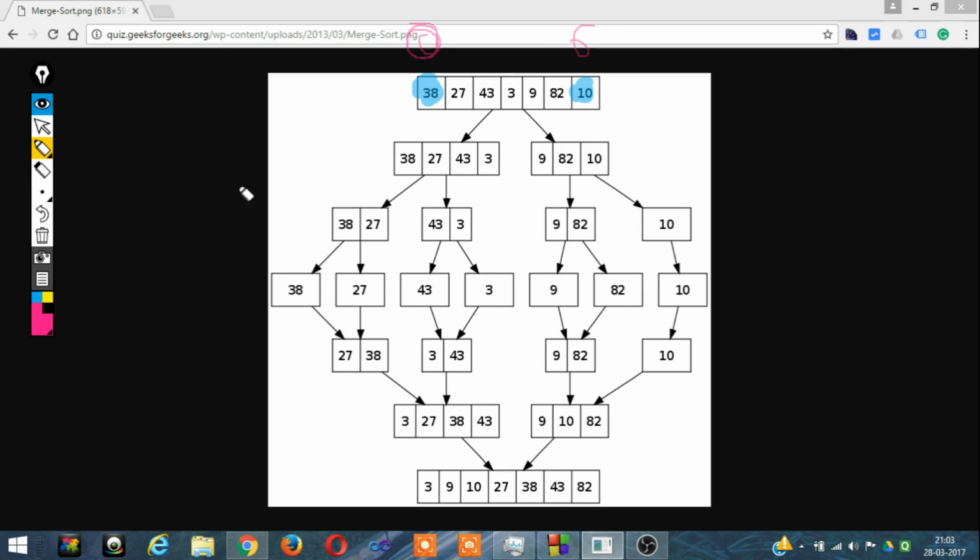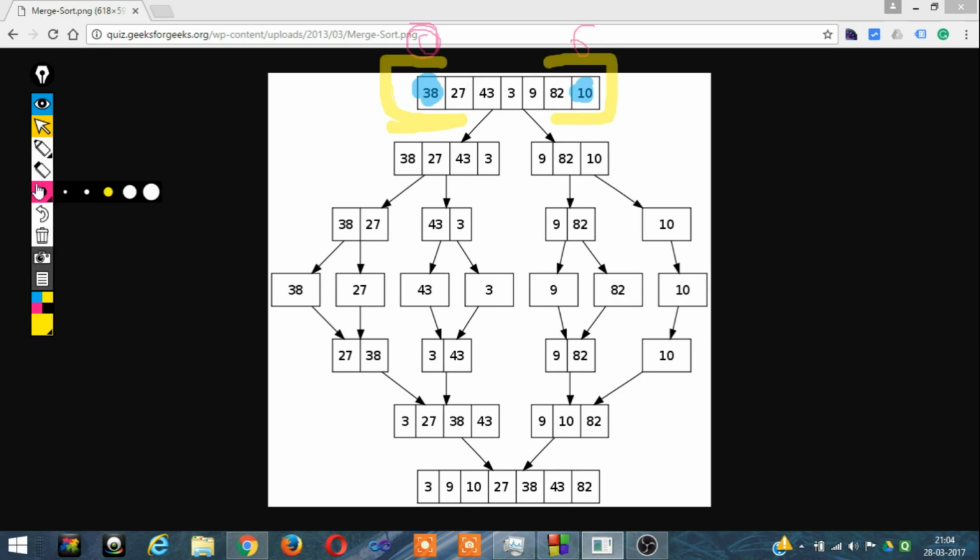But what is the length of the array? The length of the array is 1, 2, 3, 4, 5, 6, 7. The length of the array is 7, but array index starts from 0 and goes up to n minus 1.